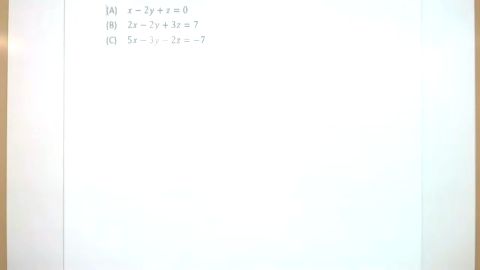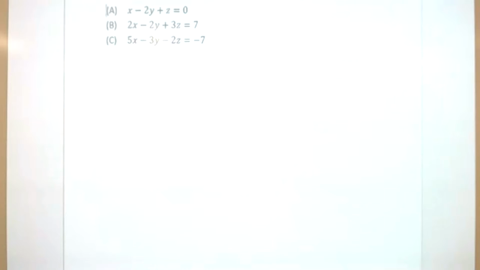So again, I do this problem in three phases. The first phase is to use different combinations of my original equations in such a way that I eliminate the same variable twice using two different combinations. And so to do that, I have to first select a variable to eliminate.